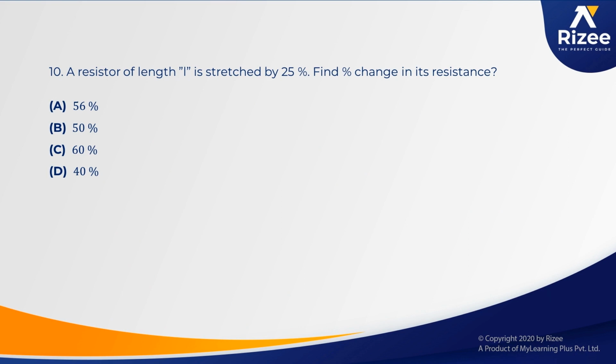So what is the general formula of the resistance? R is equal to resistivity rho L by A. Since he has not mentioned anything about the area, I am converting this into volume, so this will be rho L square by volume. Here V represents volume.